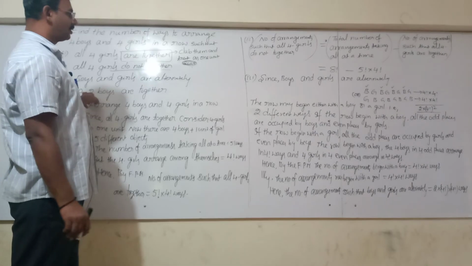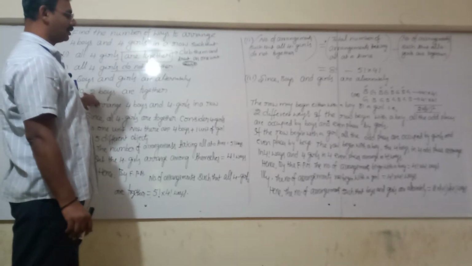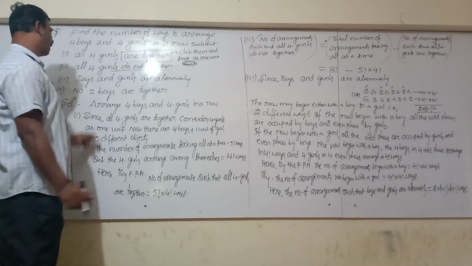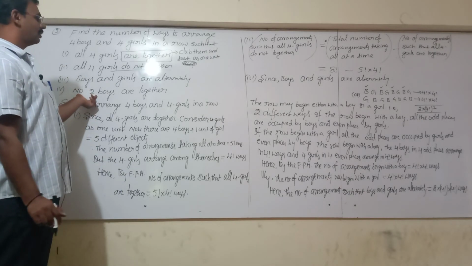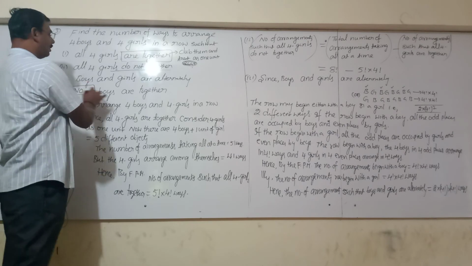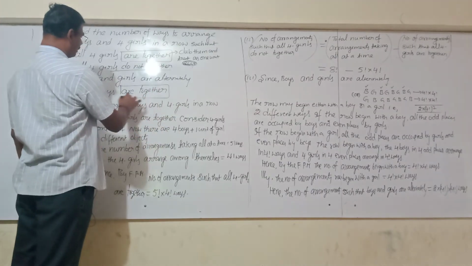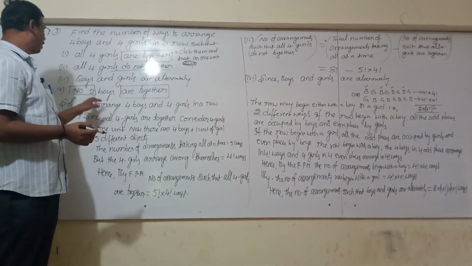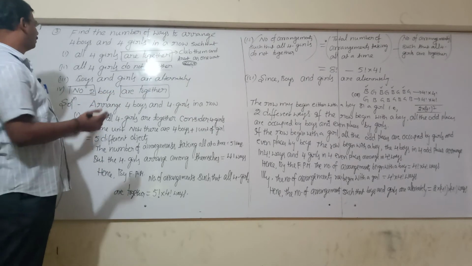Okay, next, last question, the fourth question. What is the fourth question here? Here also I will give one small thing: no two are together. What is the meaning of no two boys or no two girls here?